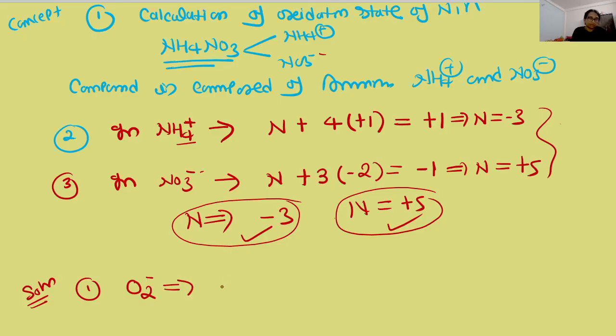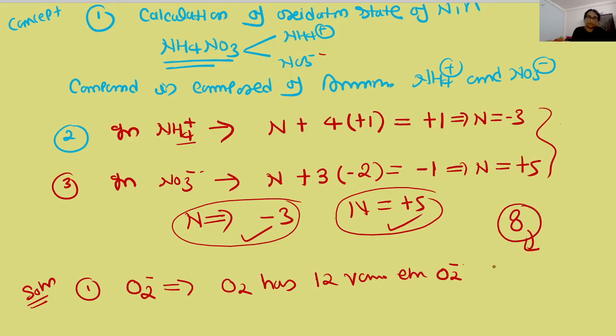First we will calculate the total number of electrons present in this superoxide. We already know that O2 has 12 valence electrons. Oxygen has mass 16, and the total number of electrons in one oxygen is 8, that is the atomic number.